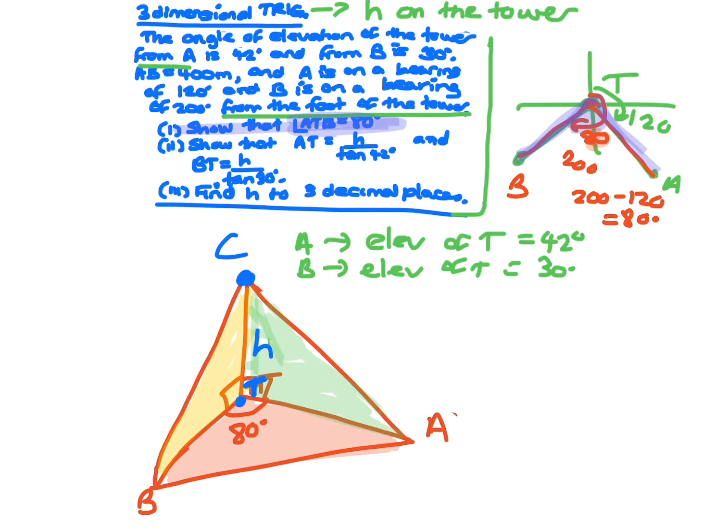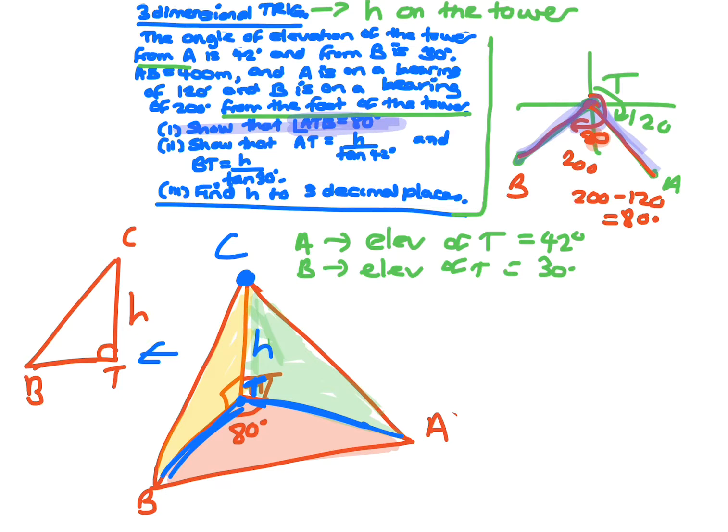Okay, and now what we need to do is, this is T and this is TA and TB. We need to find what TB is in terms of H. So if we redraw that triangle and we make it flat, that's H, that's C, that's T, and that's B. What we're interested in finding is TB, which is this one here.